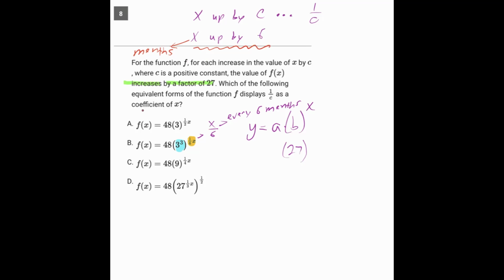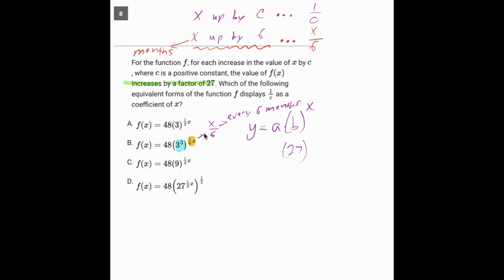And what we said in the beginning was, if this change was happening every 6 months, we would see that in our equation as 1 over 6, or x over 6, better. So that's exactly what's happening here. Instead of having x in the exponent, we're having x times 1 over 6.